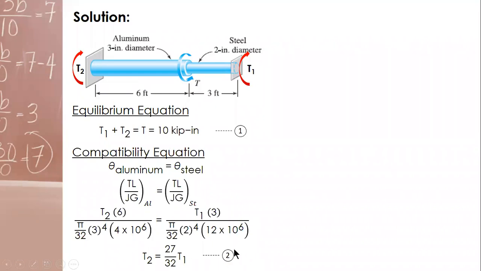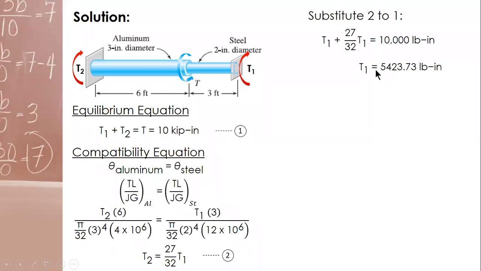And next is you substitute equation 2 to equation 1. And you will get T1 equal to 5,423.73 pounds inch. Subtract this one sa 10. Keeps man, so 10,000 siya. 10,000 minus 5,000, and you will get T2 equal to this one. Okay na.